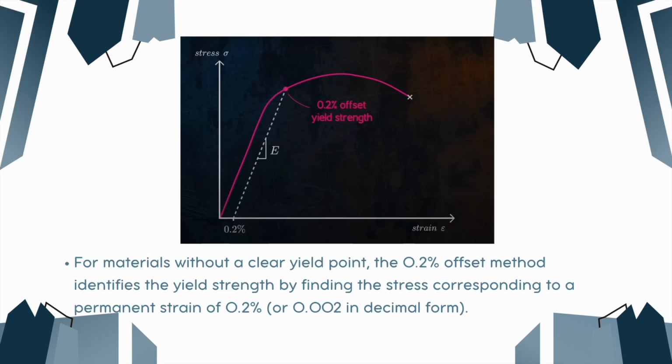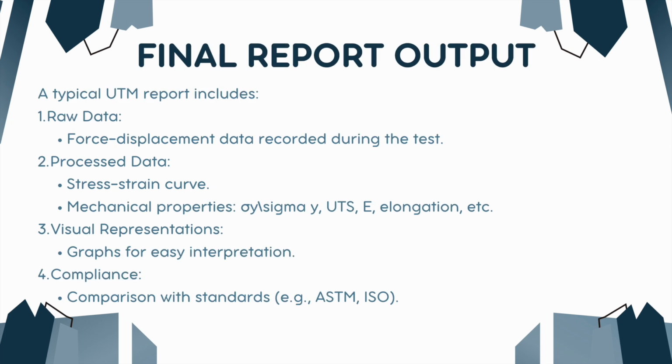We have studied graphical output until now, and now the final report output. This is the report output I am talking about. We get raw data, force displacement data during the test, and process data, the stress strain curve, which are processed in the UTM software, which also gives the mechanical properties such as sigma y, UTS, E, elongation, etc. These data are shown in a visual representation, along with compliance comparison with standards.